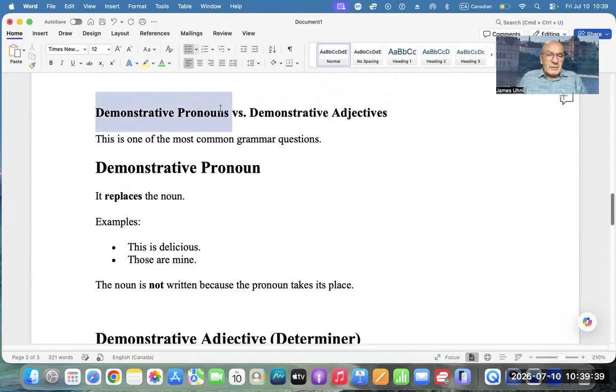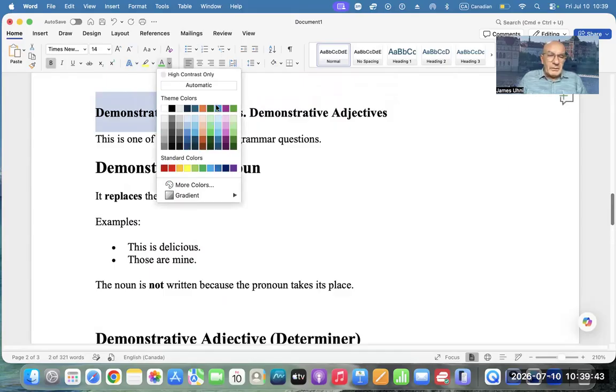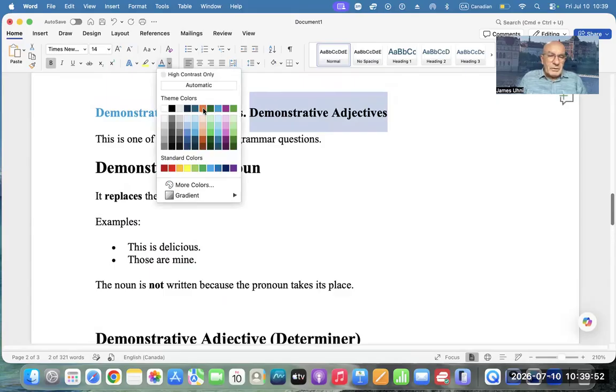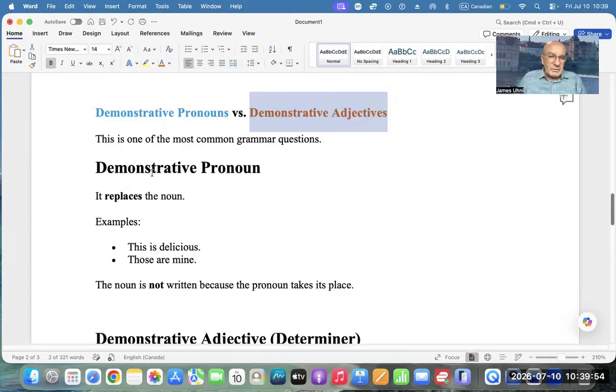Let's put demonstrative pronouns in blue again, like we started, and demonstrative adjectives in orange purposely, so you would understand the difference. This is one of the most common grammar questions. What is what?